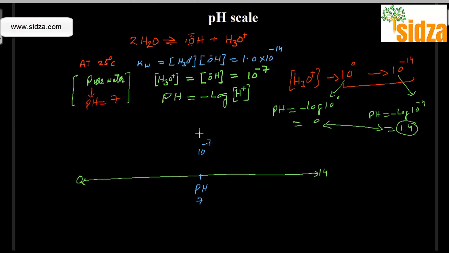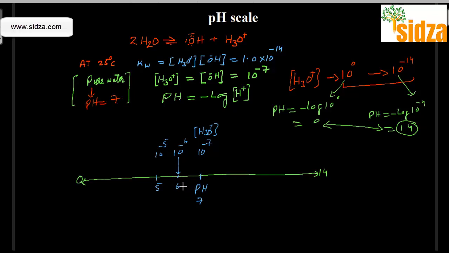Now if the concentration of the H3O positive ion increases, let's suppose it is now 10 to the power negative 6, right, 10 to the power negative 5, then the corresponding solutions will have a pH of about 6, and this will have a pH of 5.